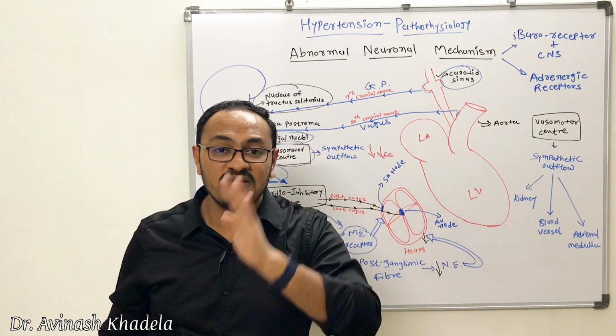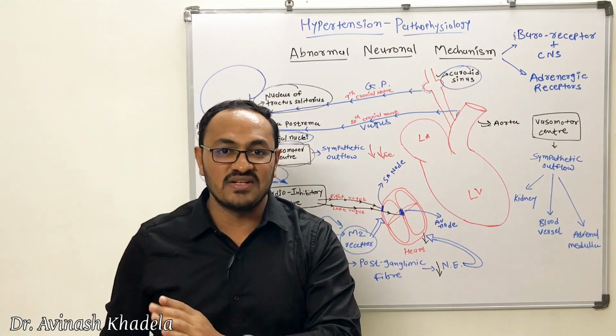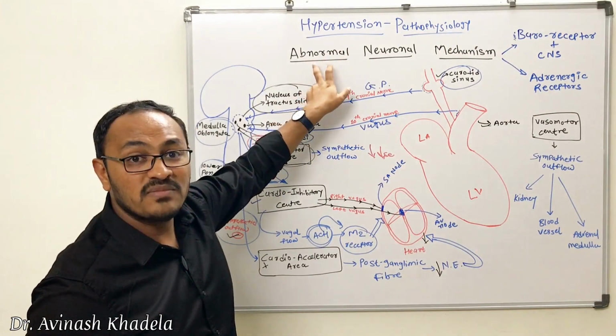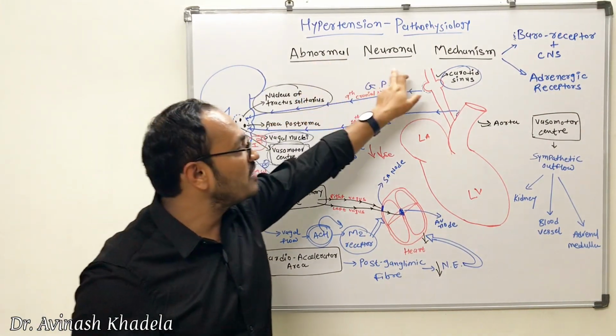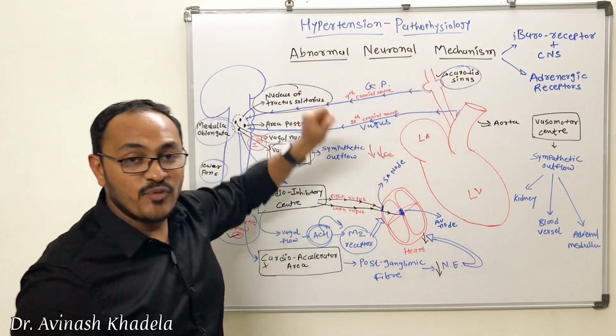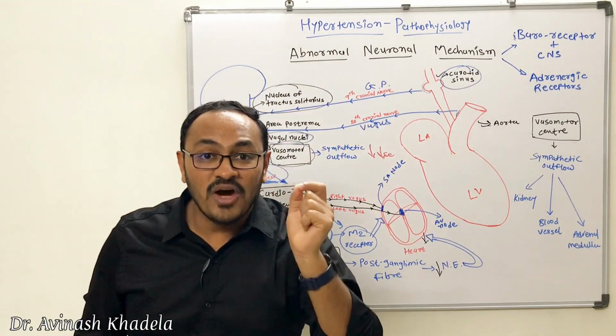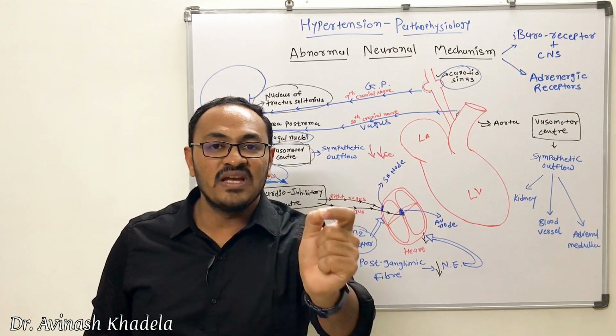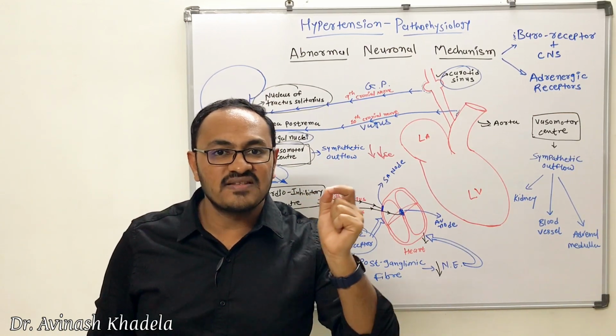Now let us come to the pathophysiology of hypertension. Whenever there is hypertension, this becomes abnormal. This is very important. This neuronal mechanism or regulation becomes abnormal, meaning one of the components which regulates this homeostasis mechanism is disturbed, or we can say altered.